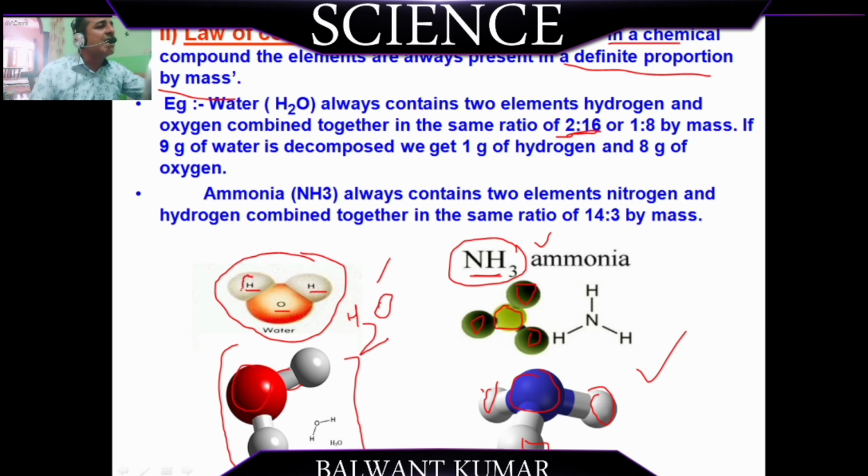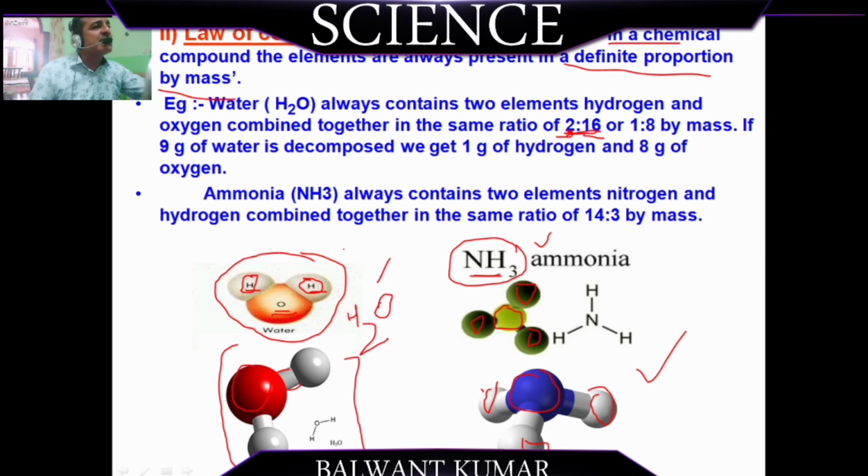Each atom of hydrogen has a mass of 1 u, and two hydrogen atoms make one water molecule. So by mass, in each molecule of water there are 2 units of hydrogen and 1 atom of oxygen, where the mass of one oxygen atom is always 16.